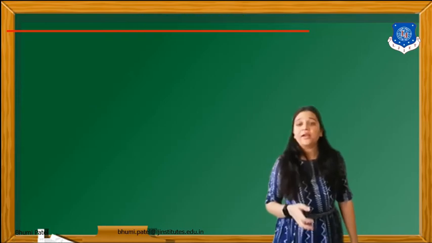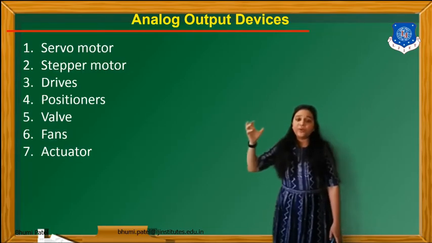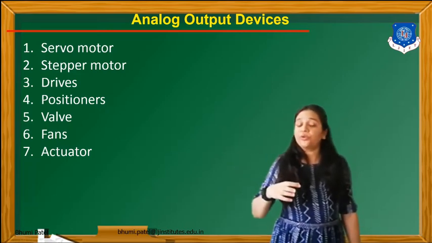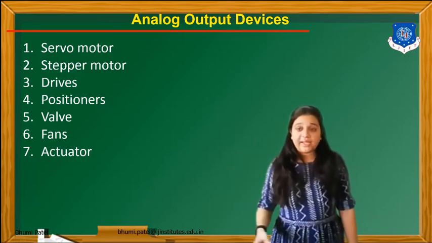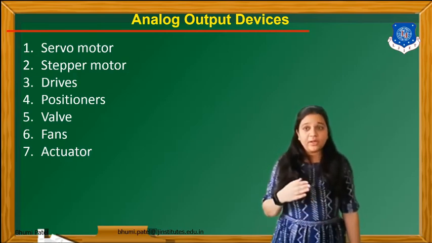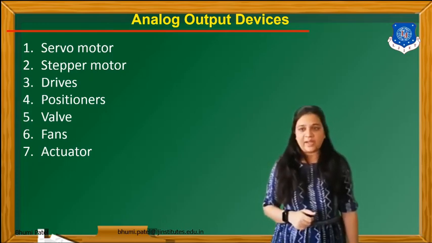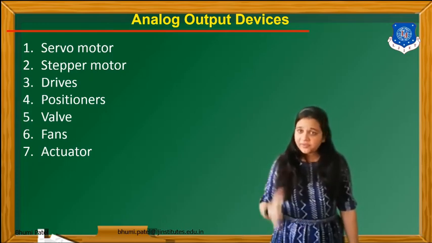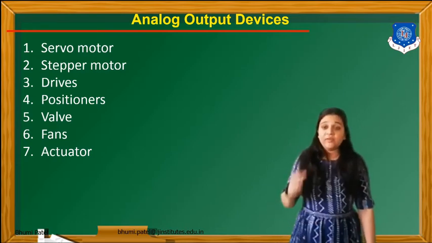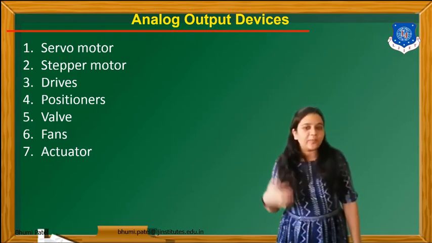If we connect a stepper motor, some input voltage is applied or input devices will be connected. If we change the input voltage, we can draw the ladder diagram of the particular program, and then the stepper motor will run in steps. Same like a control valve: if we connect the control valve as an analog output device, we can turn the control valve on or off depending upon our logic.